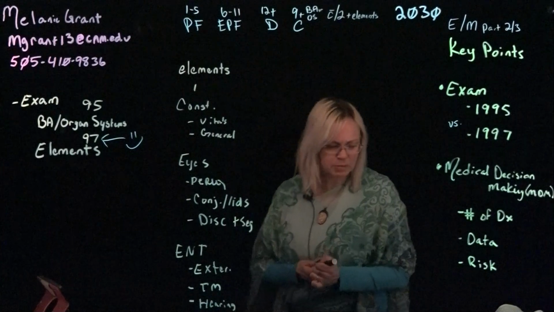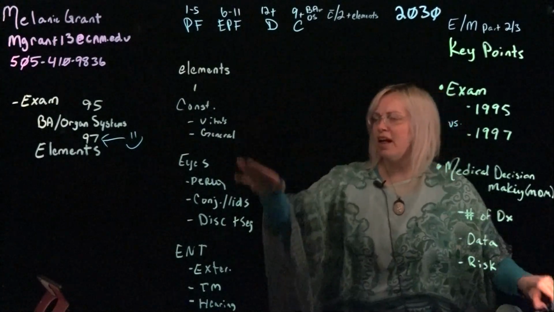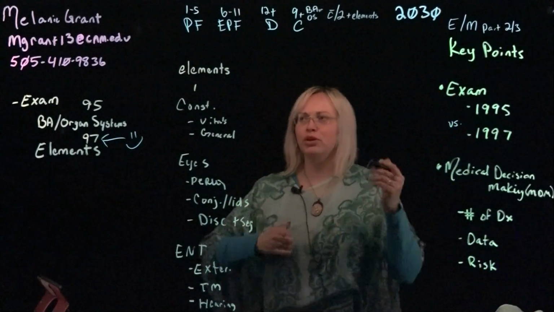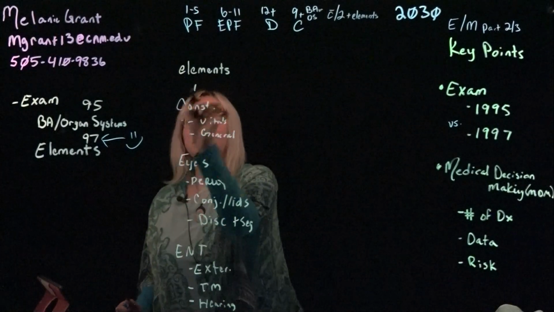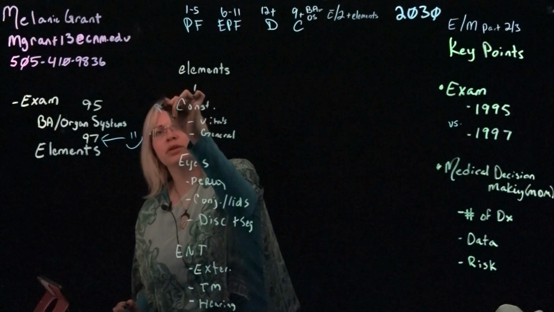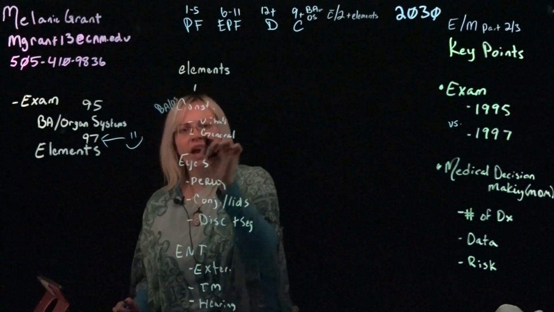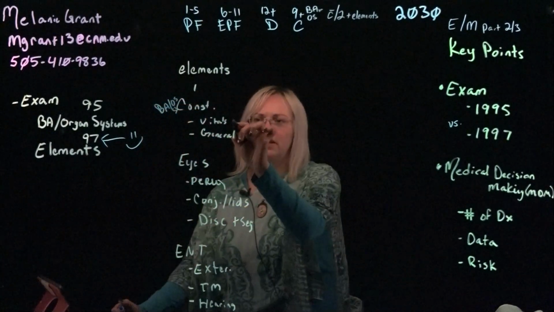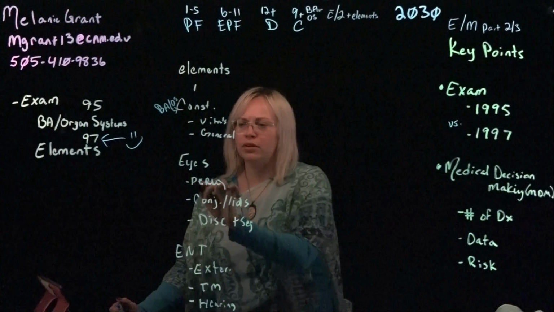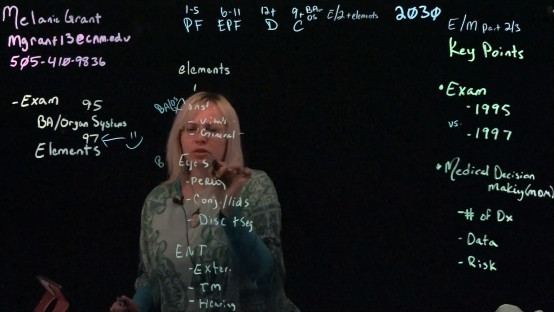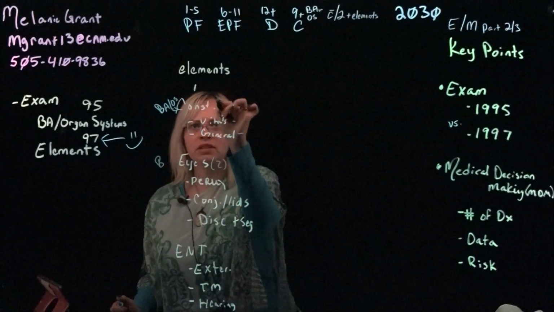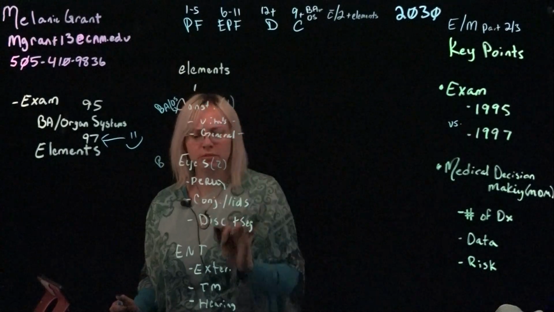So here's the big deal about these. If I'm looking at the elements, and I've only put 3 up here for your example, I'm looking at the body areas or organ systems here, and each of these elements are counted here and here. Okay? So next to each of these body areas and organ systems is a number.